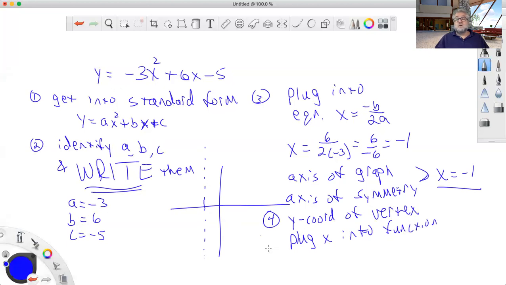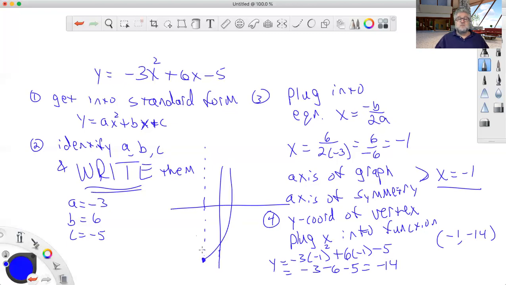So up here, y equals -3 times -1 squared plus 6 times -1 minus 5. The minuses will cancel, but this minus won't. -3, -6, -5, that's a lot of negatives. That's -11, -3 is -14. Aha, the vertex is at the point -1, -14. So it's way down here. So it opens up like that.